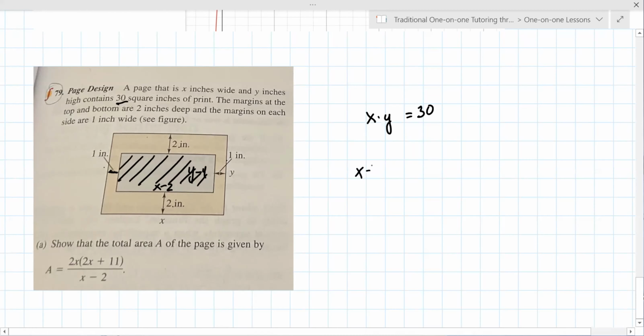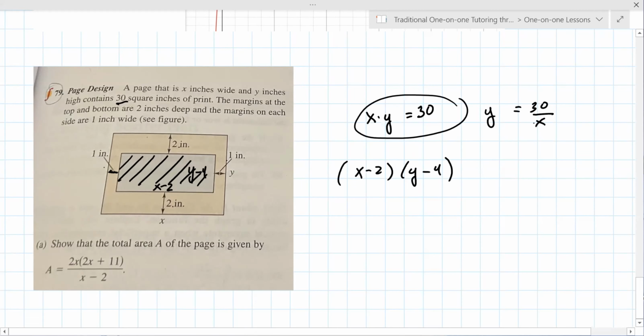So x minus 2 times y minus 4. But they want you to solve this for y. So y equals 30 over x, I guess, but I'm really struggling here. I really have no idea what this is asking for.